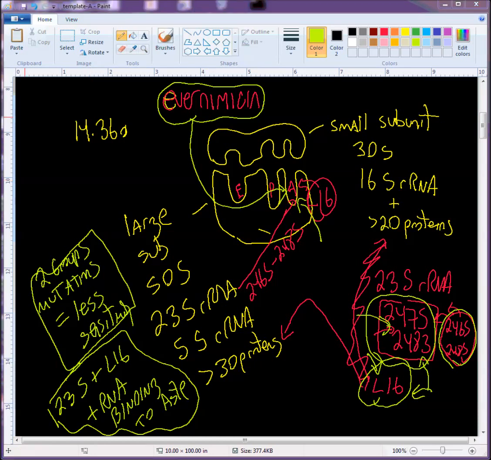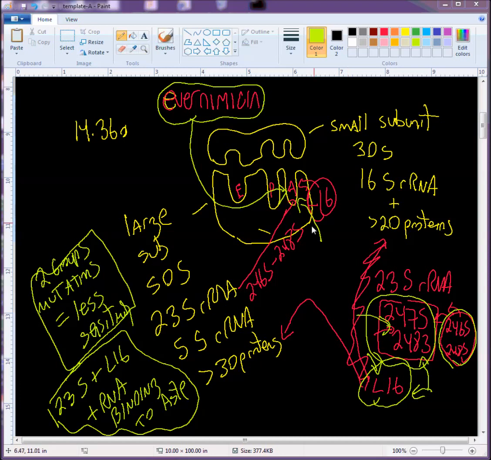And why does that make sense? If we were to mutate either the ribosomal RNA or L16 in here, near this A site, evernemicin couldn't bind, well then the tRNAs could probably come in, as long as we didn't mutate them in a way that prevented the charged tRNA from coming in with the amino acid.